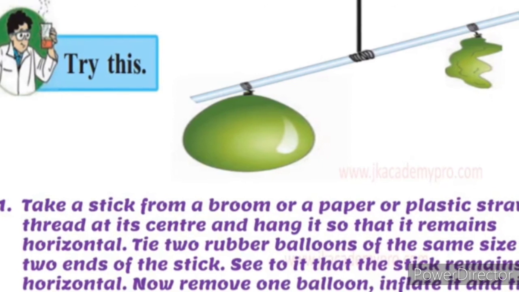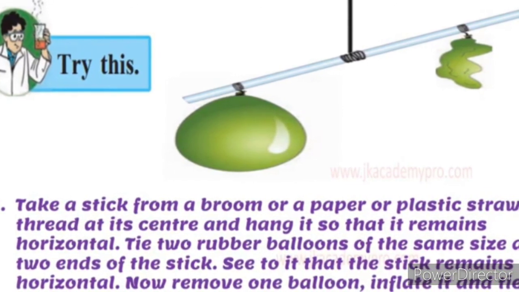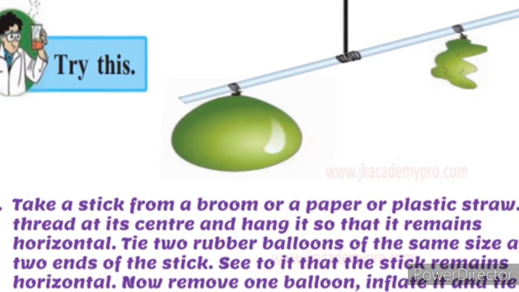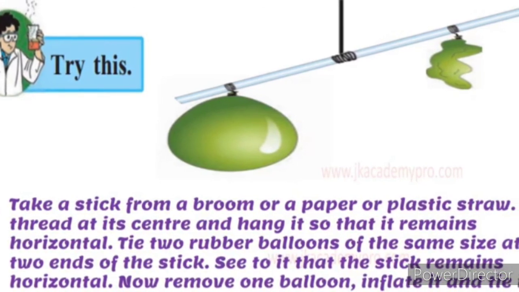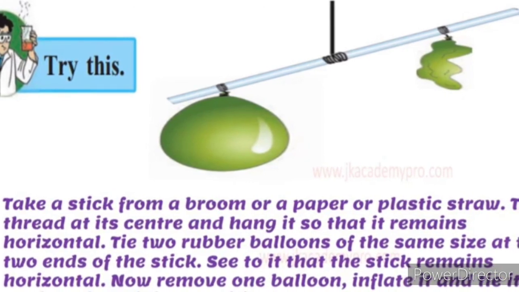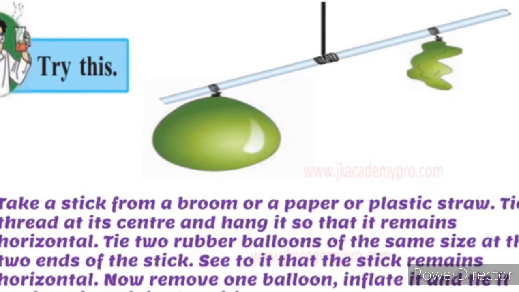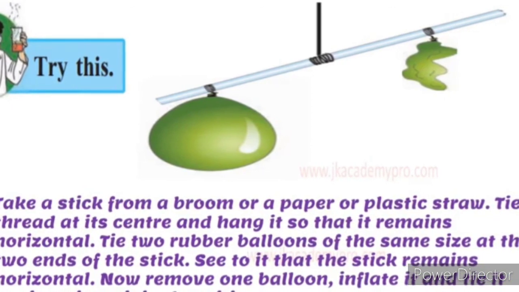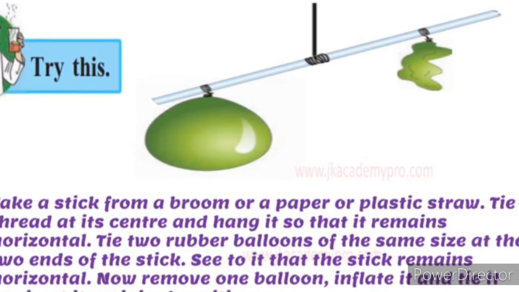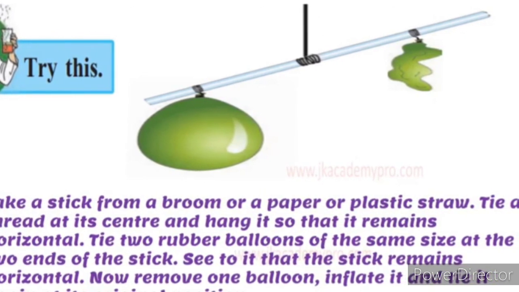While tying the balloons, take balloons of the same mass. Now remove one balloon, inflate it, and tie it again in its original position, the same place where it was first tied.